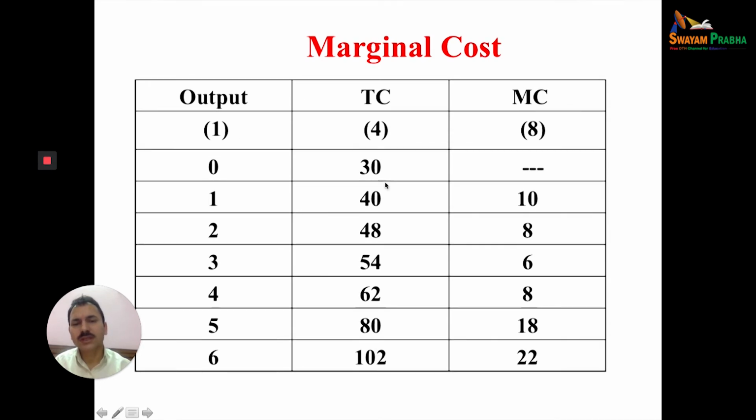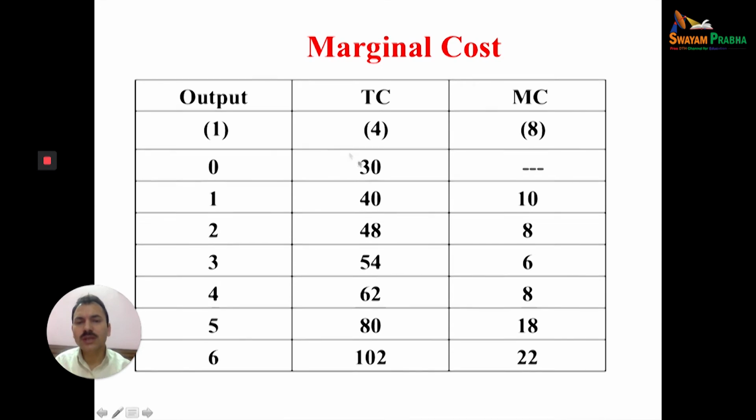Our focus is the change in output, for example 0 to 1. Here the total cost is 30 even when output is 0, maybe because this is fixed cost. 30 is fixed cost.